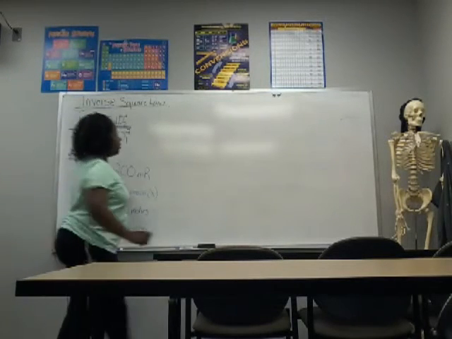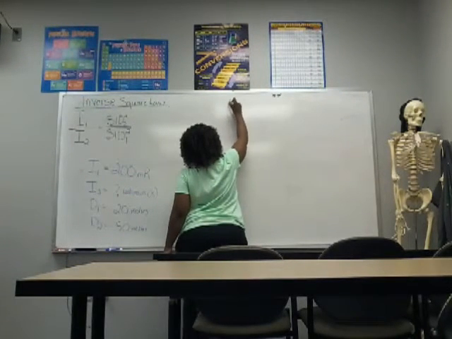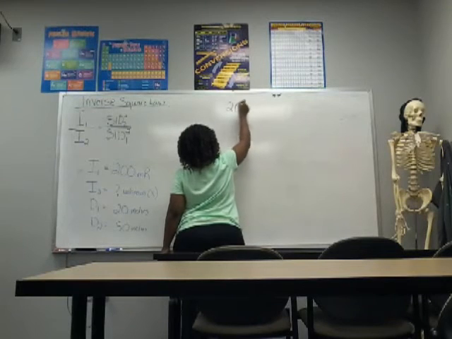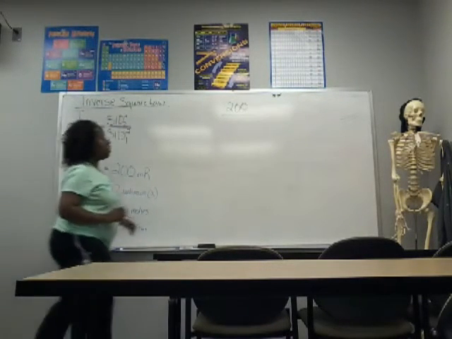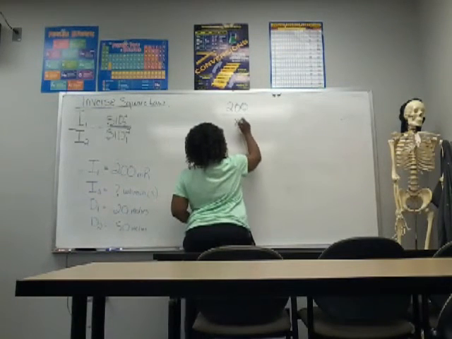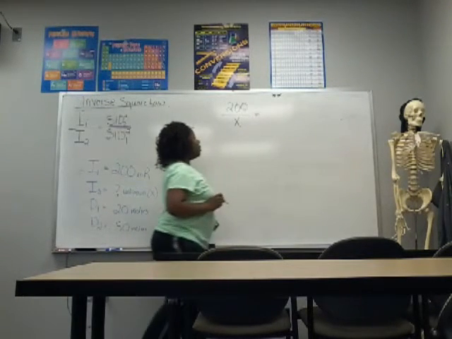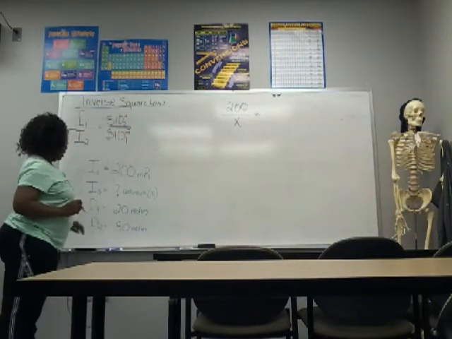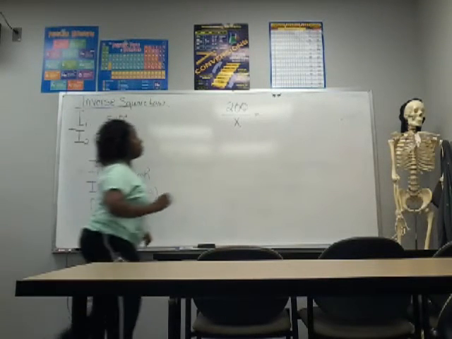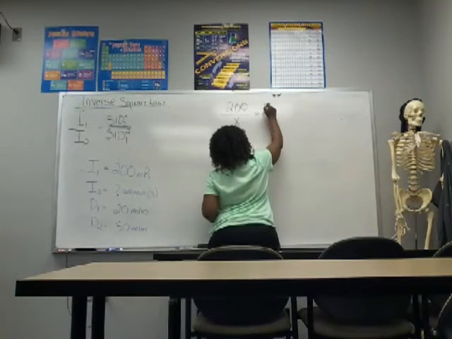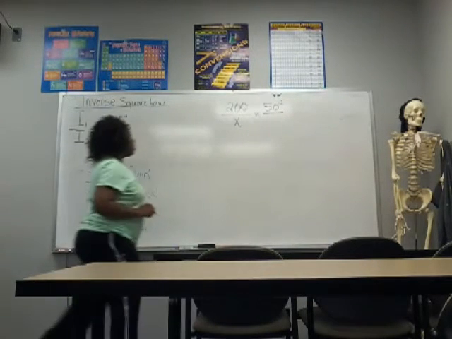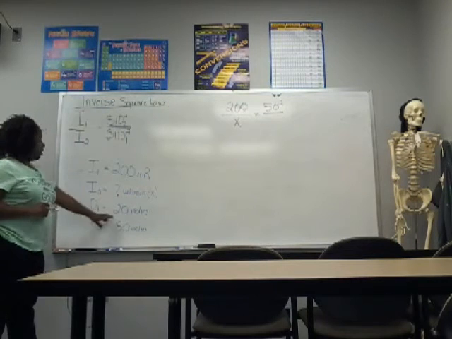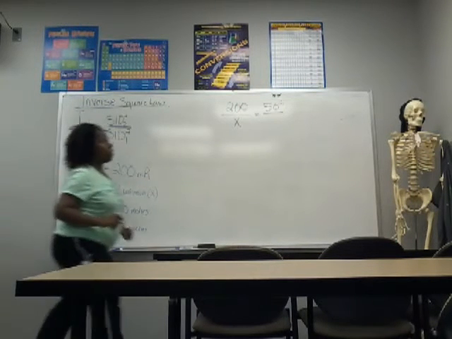It's going to be 200 over X, because I don't know what the second intensity is. Then I need my second distance, which is 50 inches, and I have to square it. And then my original distance is at the bottom, which is 20 inches, and I have to square it.